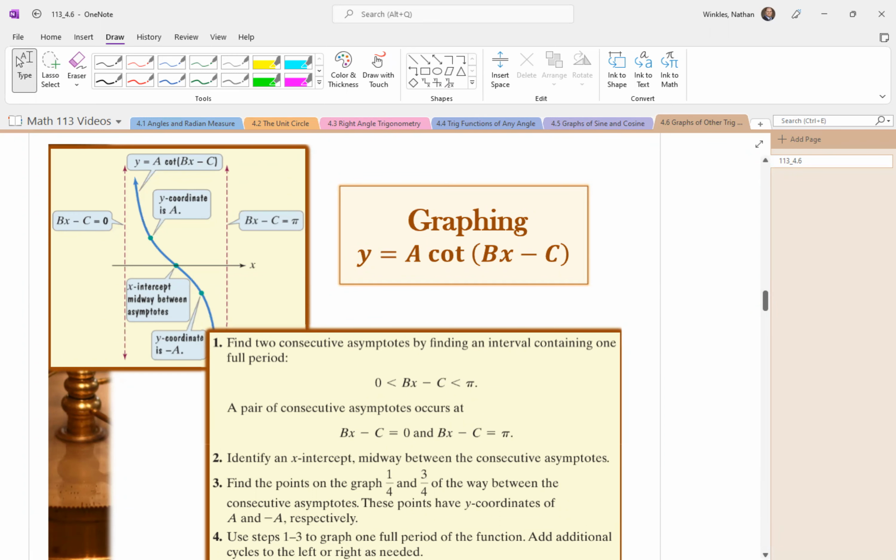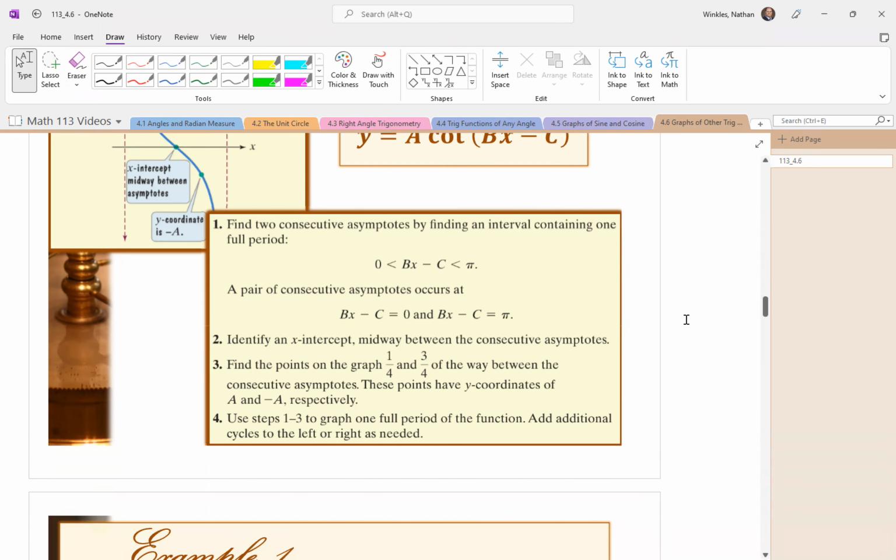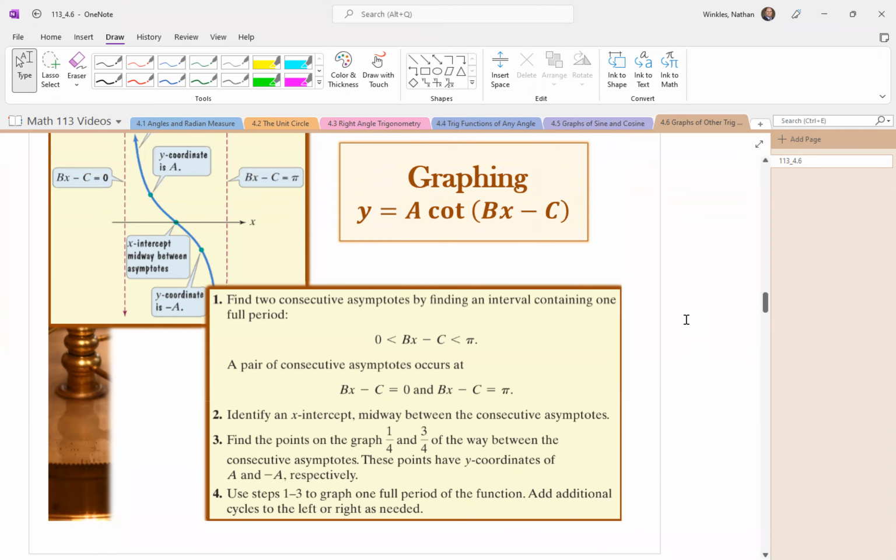An x-intercept is halfway between the consecutive asymptotes. And we want to find points on the graph 1/4 and 3/4 of the way between the consecutive asymptotes. These points will have values of -a and +a respectively. Once we find all that, we should be able to graph one full period of our graph.